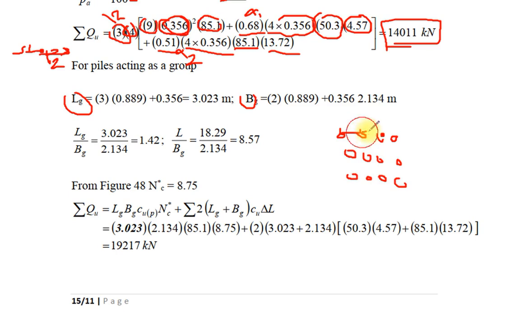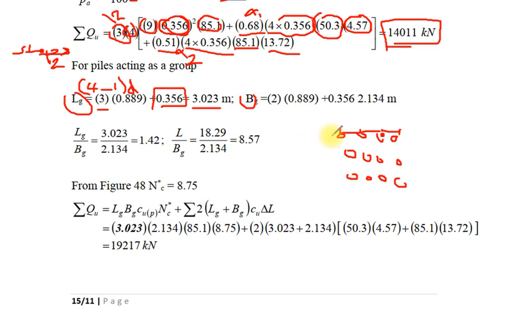First distance, second distance, third distance, therefore 3, or 4 minus 1, multiplied by S, the distance from pile to pile, from center to center, plus diameter of the pile, gives us 3.023 meter.